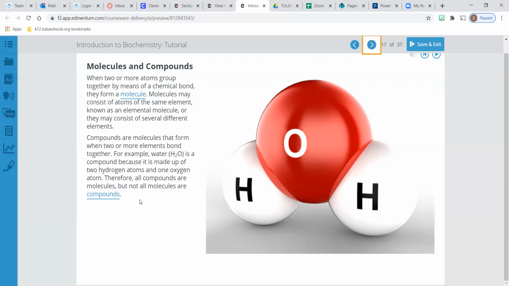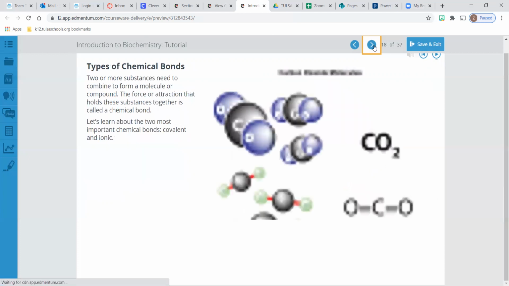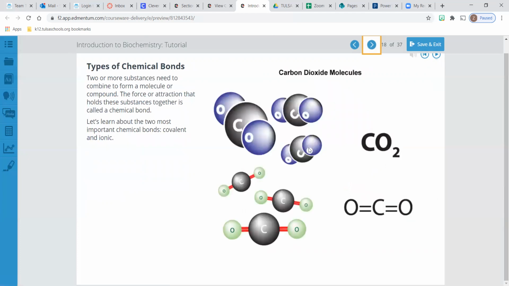Because compounds need to be made up of more than one element, remember. And the chemical bond can be several different types, okay? And that is determined by the nature of the bond. And we show that with this visualization tool.